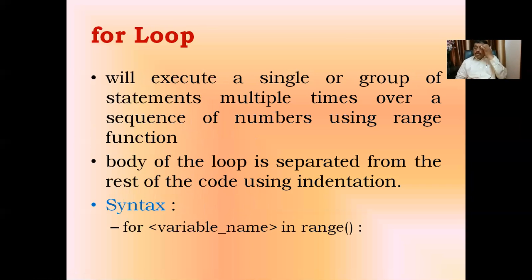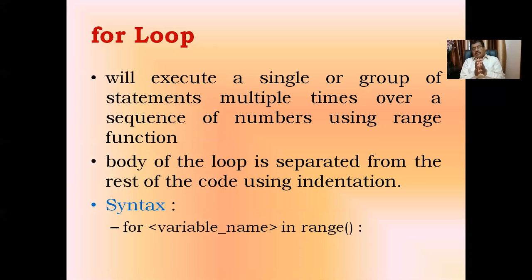We are going to look at the for loop. A for loop is nothing but executing a group of statements, meaning multiple statements, multiple times over a sequence of numbers.